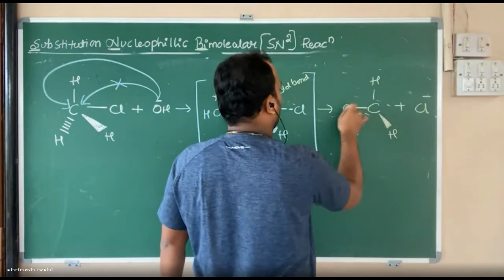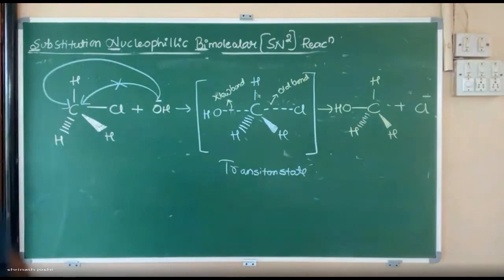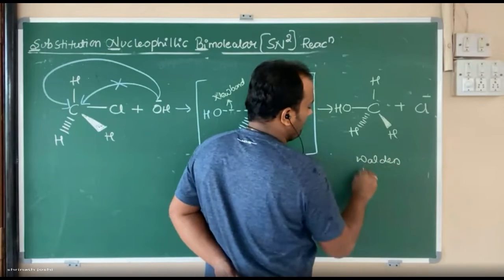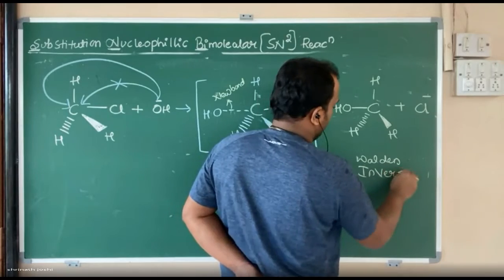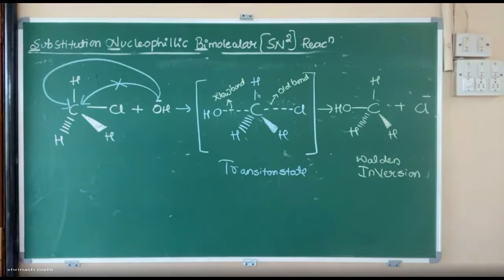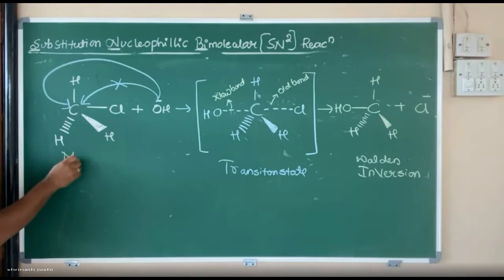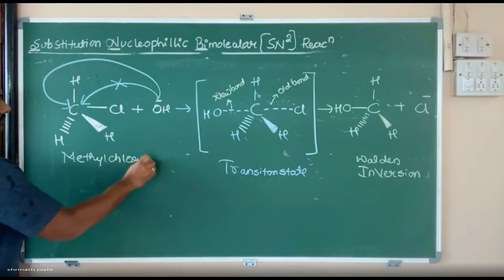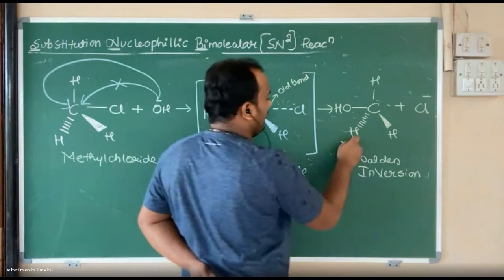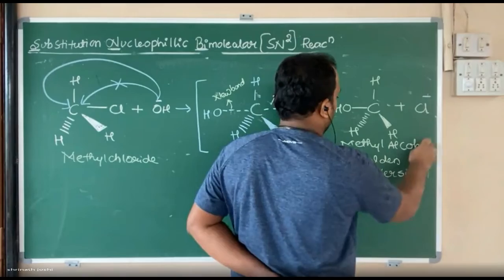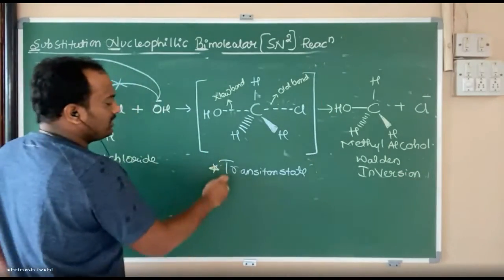We will have OH on the left side. That is your Walden inversion. So this is your methyl chloride. This is your methyl alcohol. Put a star mark for the transition state and underline.